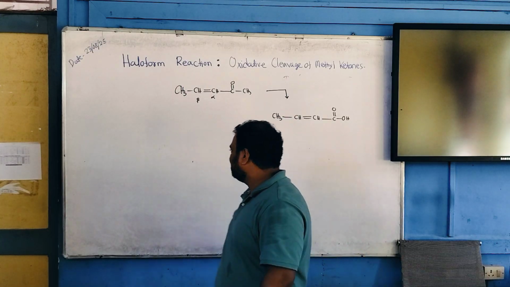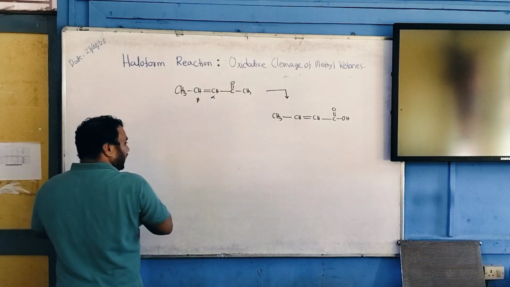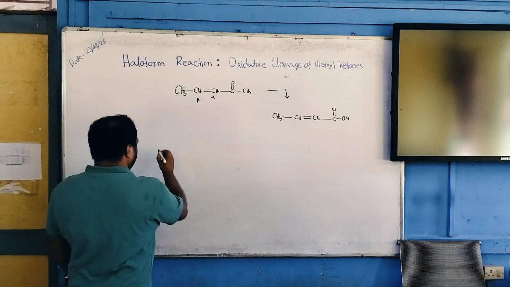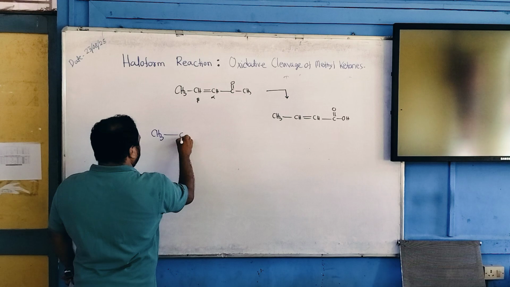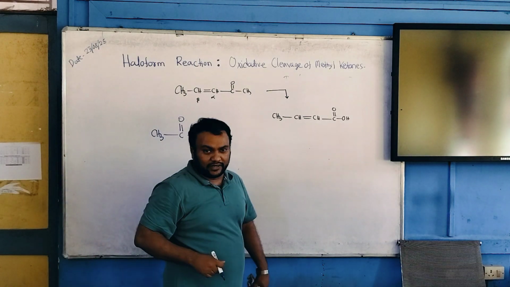So let's begin. If you have a ketone or aldehyde which contains this ketomethyl group, this is called ketomethyl or methyl ketone.